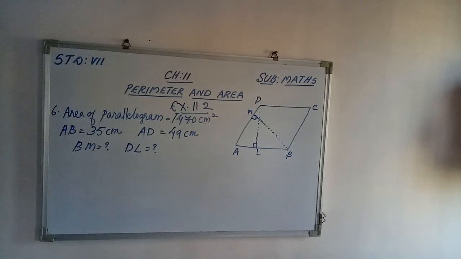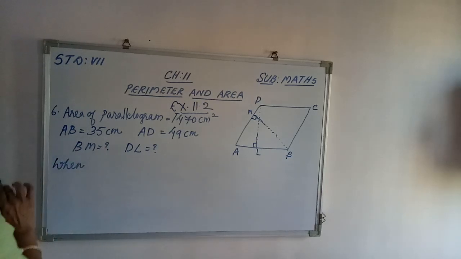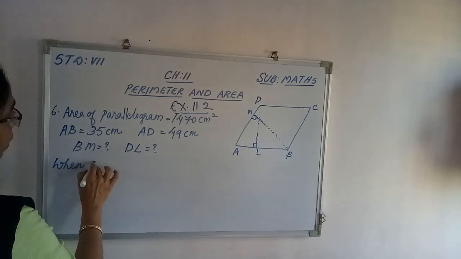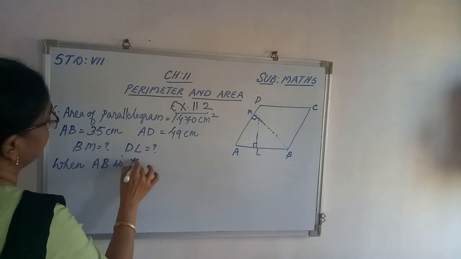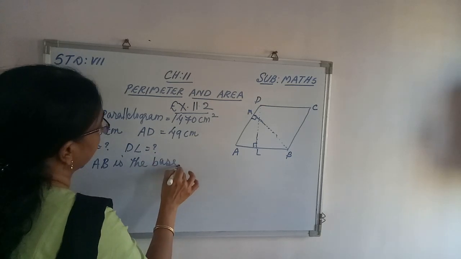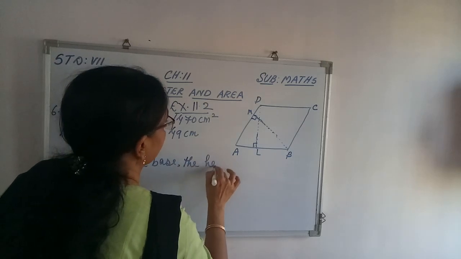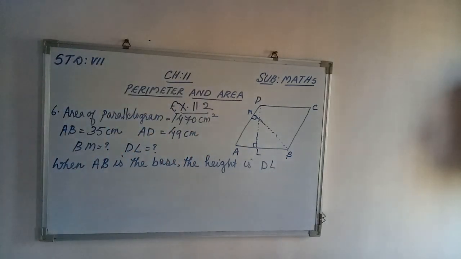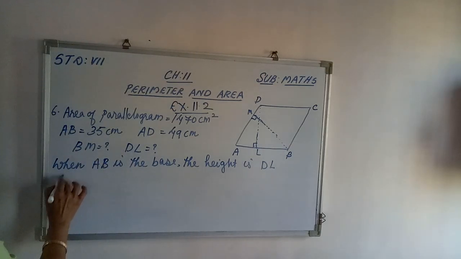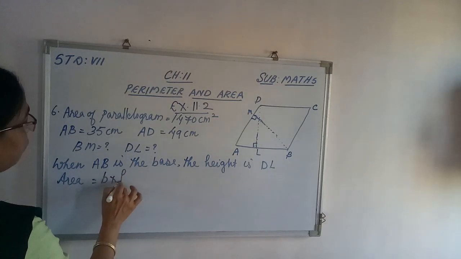So when AB is the base, the height is DL. Area is equal to base into height.